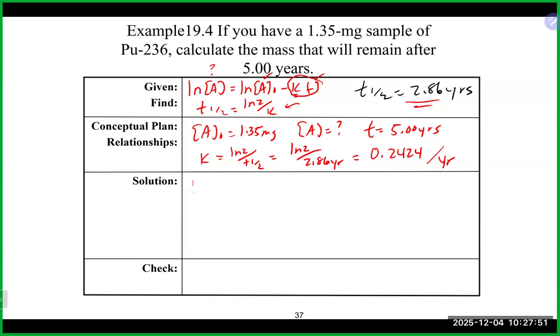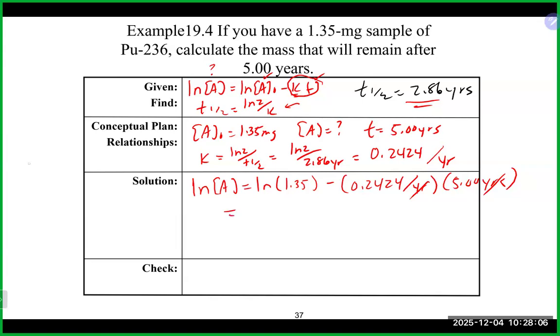So we're good to put in the natural log of what we're looking for. It's going to be the natural log of our 1.35 minus our k that we just got, reciprocal years, times our 5 years. Our years are going to cancel, and we clean up the right-hand side: natural log of 1.35 minus 0.242 times 5.